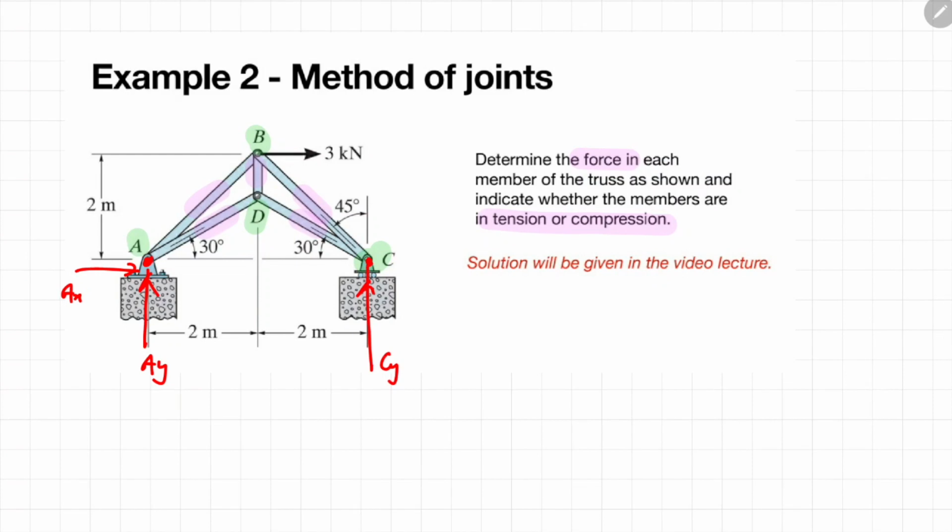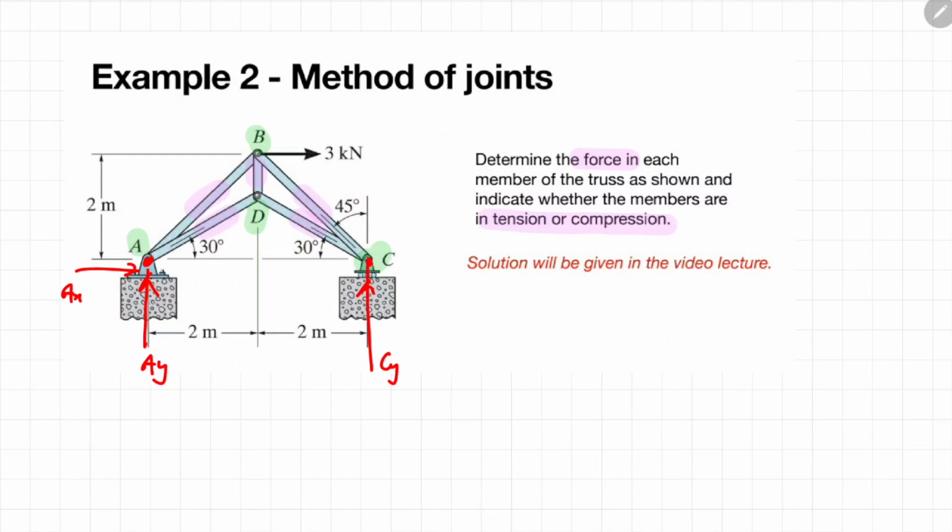From the previous example, we will start at a joint where there is at least one known force and a maximum of two unknown forces. But if you look carefully at the truss structure, there is no such joint which fulfills the criteria that we mentioned earlier. For example, if you look at joint B, although there is one known force of 3 kilonewton directed in the positive x direction, there is a total of 3 unknown forces from member AB, member BD, and member BC.